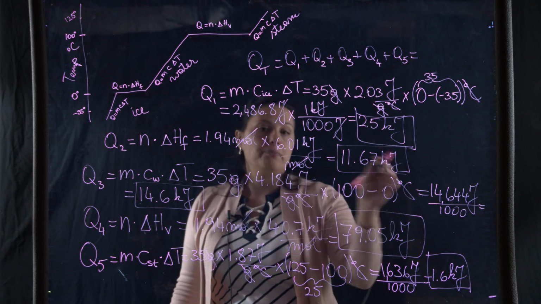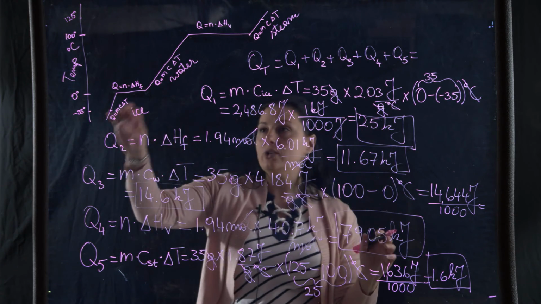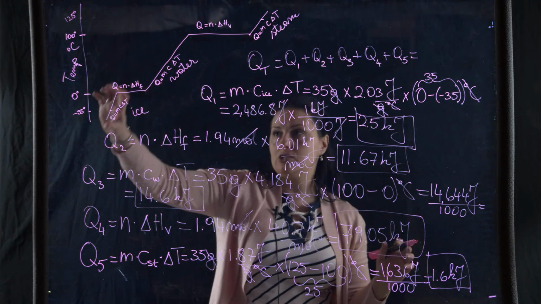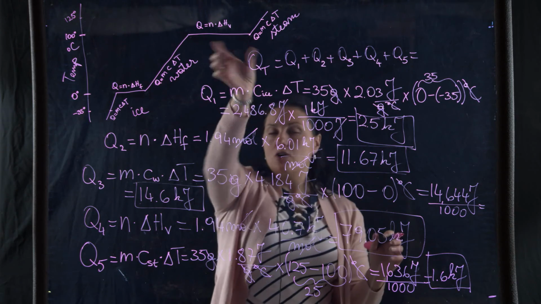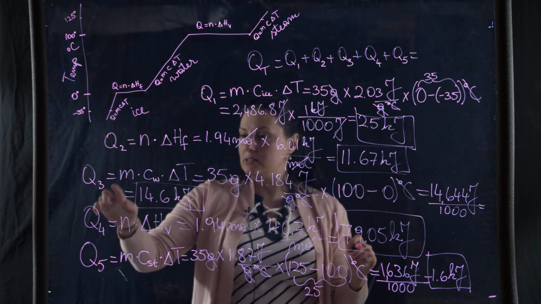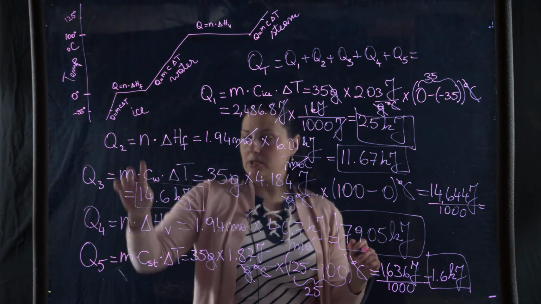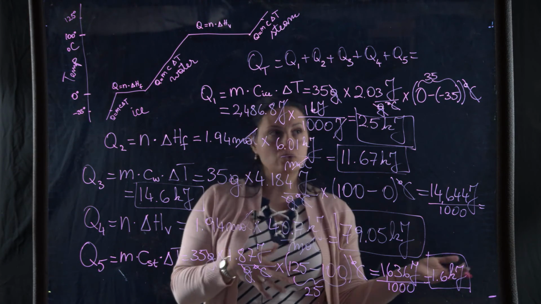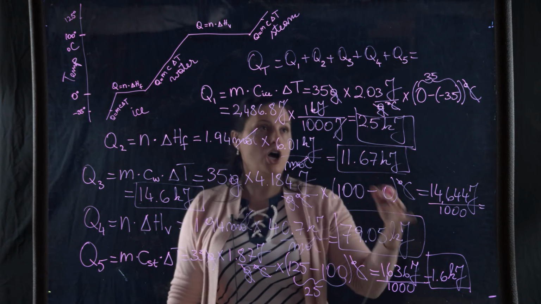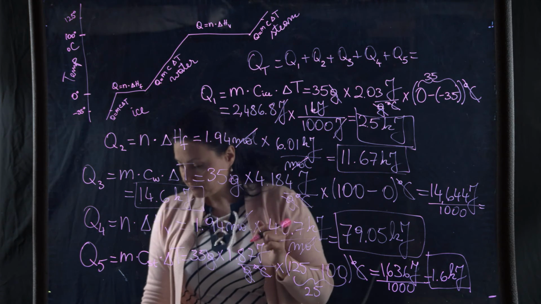It doesn't matter, but the Q equals mc delta T parts, so the sloped parts, are going to be in joules, and the horizontal lines, these two steps, are going to be in kilojoules. So convert either kilojoules to joules or joules to kilojoules so that they're all in the same unit.